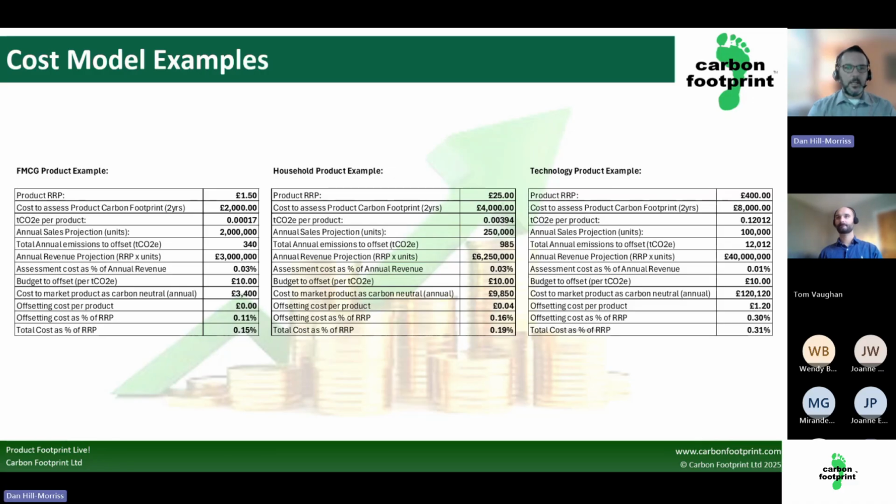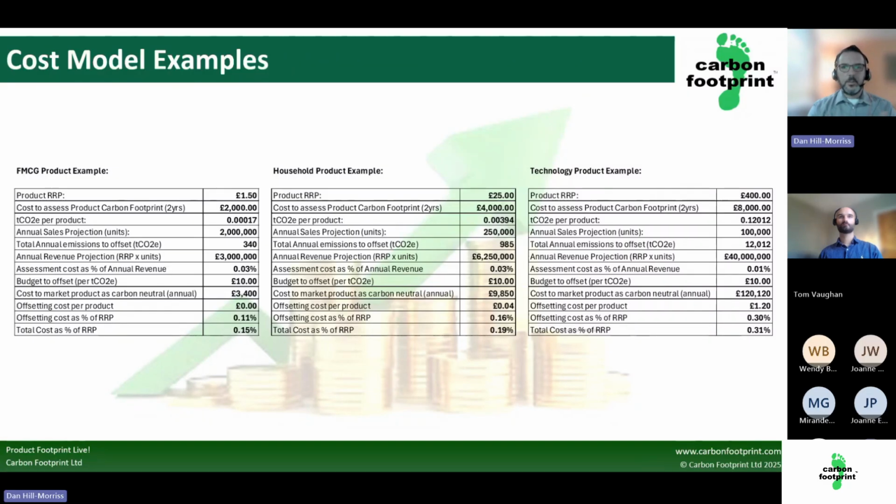You can see very, very clearly that the cost of assessing the product is just a fraction, 0.03% or less of the retail price. And even with a very conservative budget to offset for the compensation, of about, let's say, £10 per tonne in this example, again, fractions of the cost.